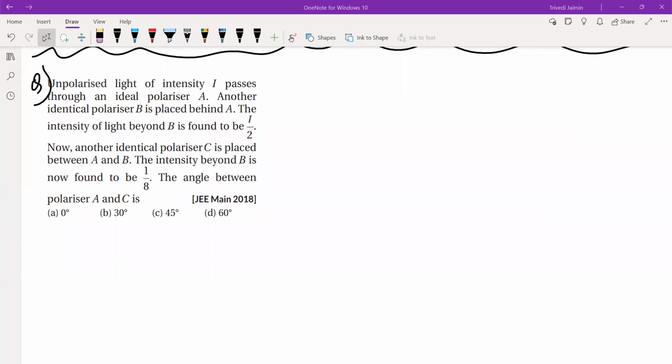Tell me, fast, so I can move on. Are you there or not? Come on. Semiconductor? Okay. Because semiconductor is left, modern physics is left.